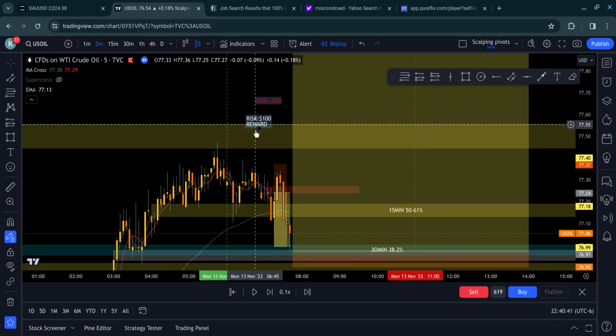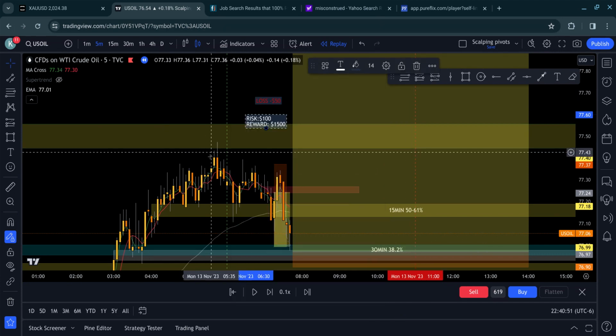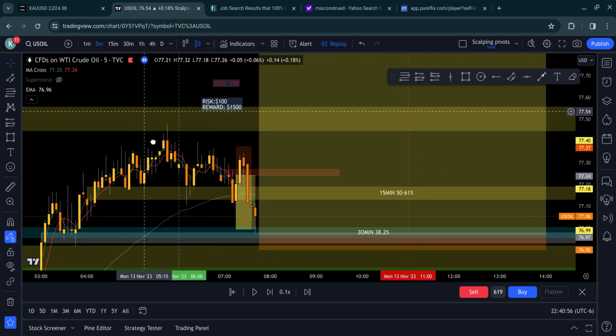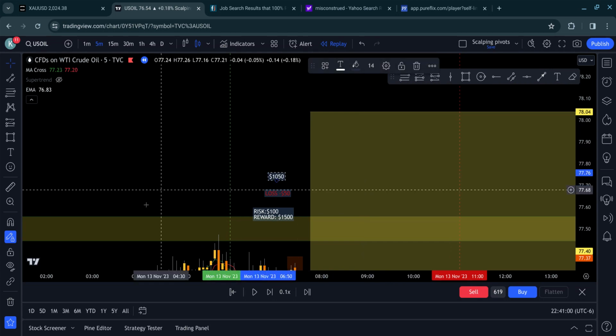Which is ridiculous, but I've tried to tune my strategy to be able to make these type of trades, right? So you're risking $100 to make $1,500, right? All right, so we're at 1150 for our total right now.